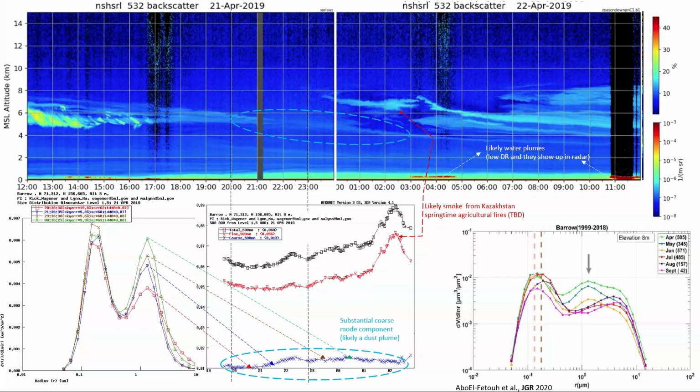What we were very interested in is that the variation of the larger peak on the left, at about 1.3 micrometers radius, corresponded very well with the variation of the optical depth. It agrees with a climatology that one of my students did over Barrow, which showed a similar peak varying with the Asian dust, which I didn't say arrives in the spring.